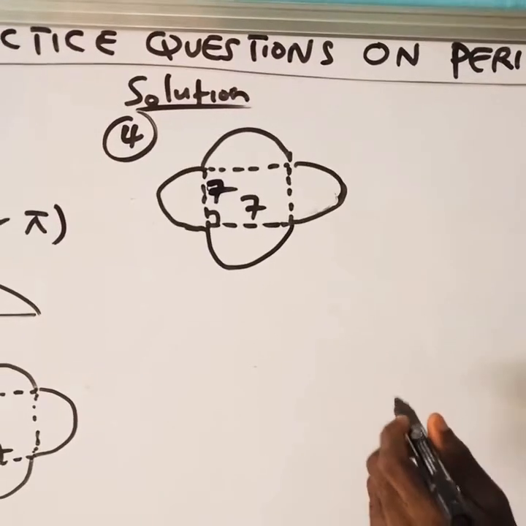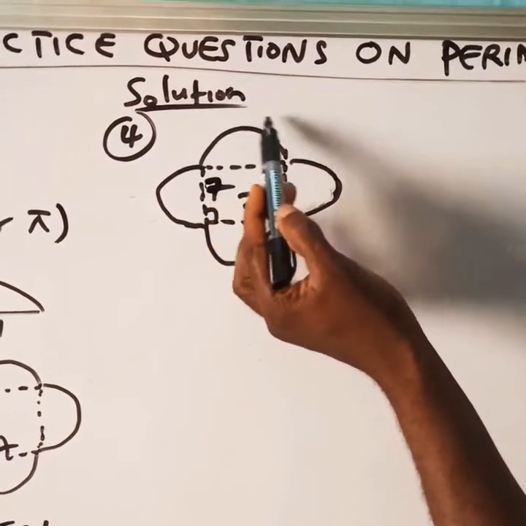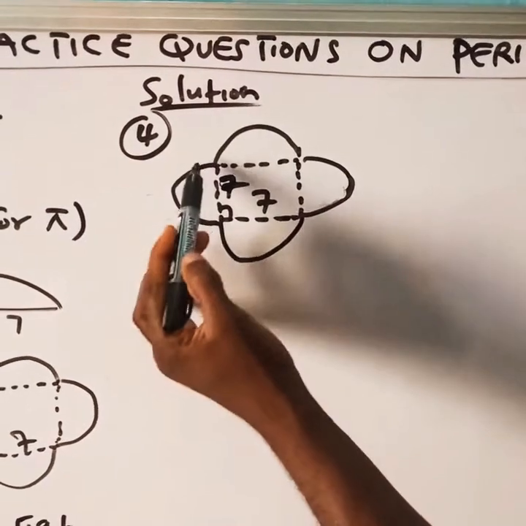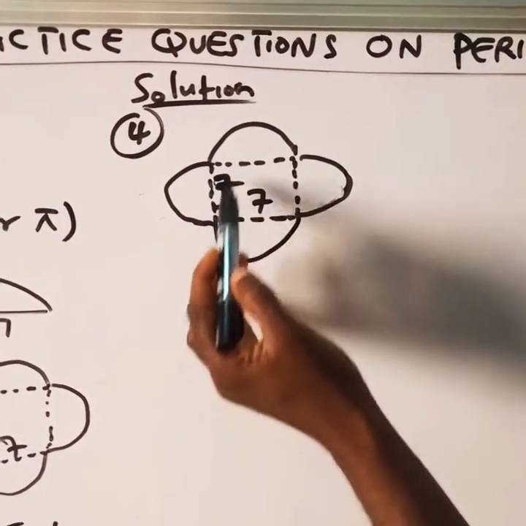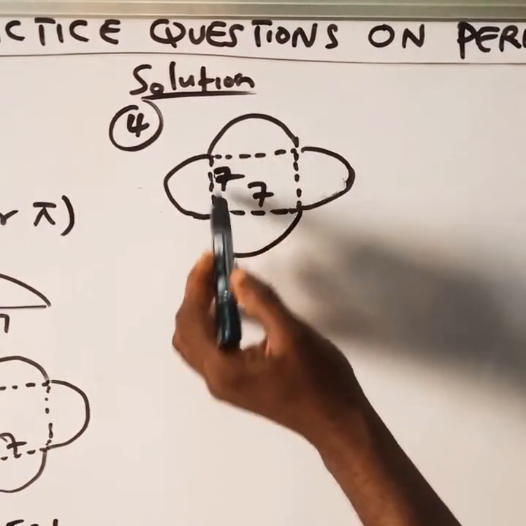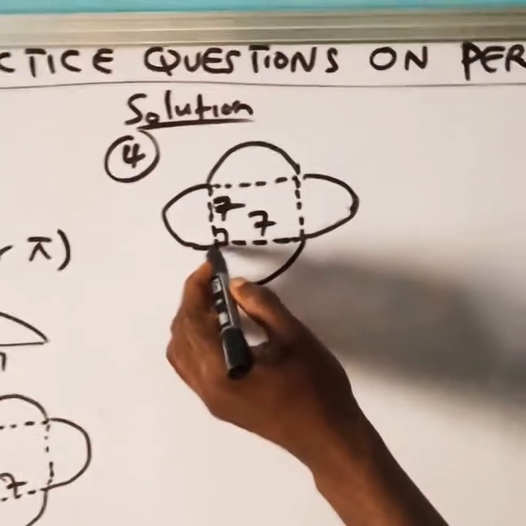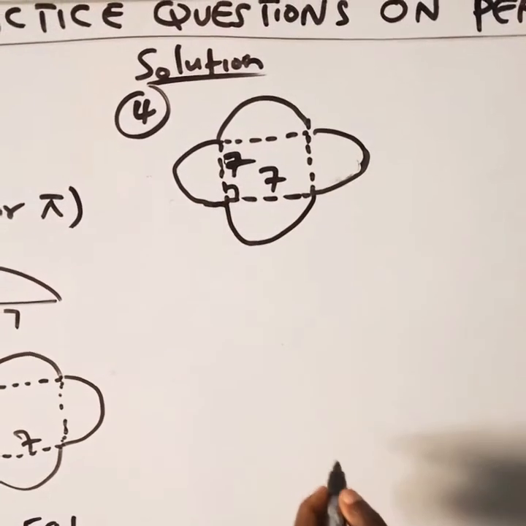Now number 4. The perimeter of this shape will be the perimeter of this semicircle plus the perimeter of this semicircle. There are 4 of them. And these 4 semicircles are similar because their diameters are 7, 7, 7, 7, because this shape is a square. So if I know the circumference of one of them, multiplying by 4 will give me the perimeter of this plane shape.